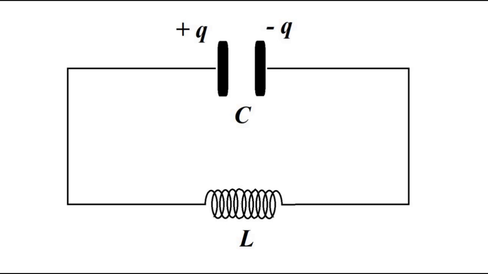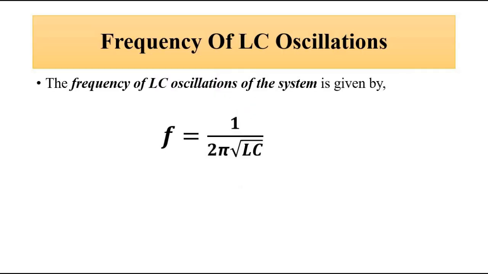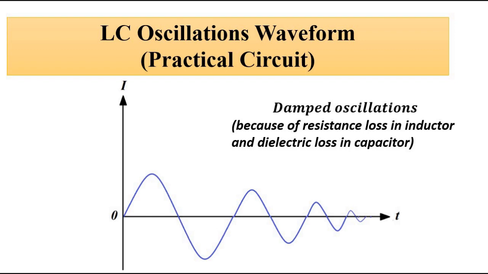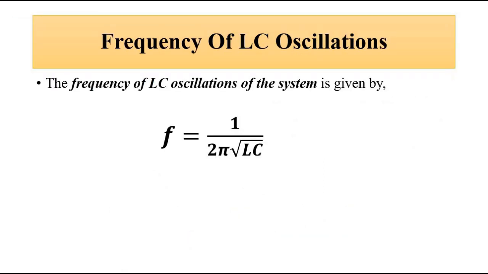So here we have discussed LC oscillations, which is one of the basic concepts related to generation of electromagnetic waves, and we have discussed the working principle and the operating principle, and also derived the frequency of LC oscillations.